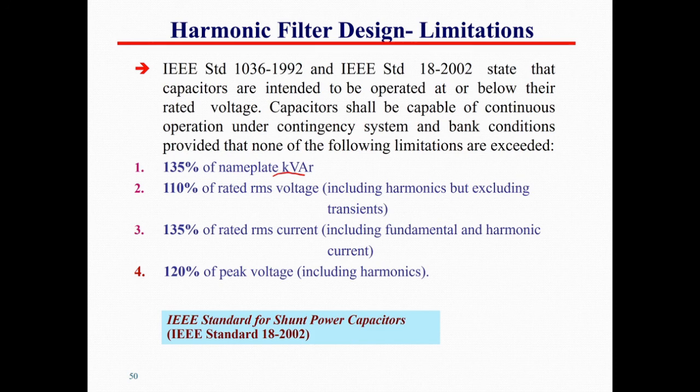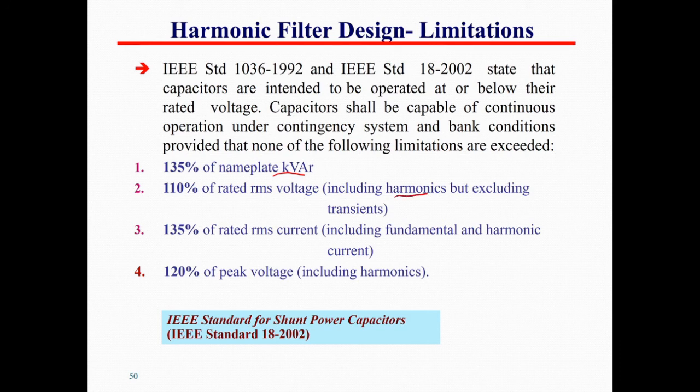Number two, with regard to the root mean square voltage, the voltage should not exceed 110% of the rated root mean square voltage, including harmonics, of course.